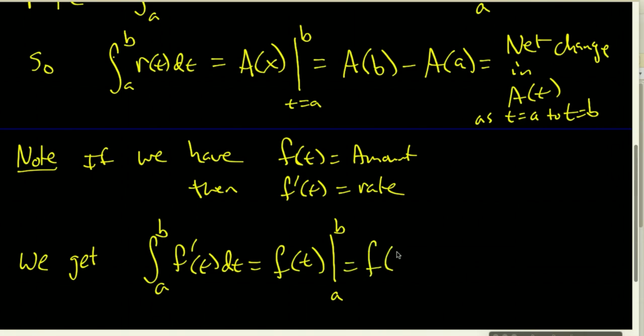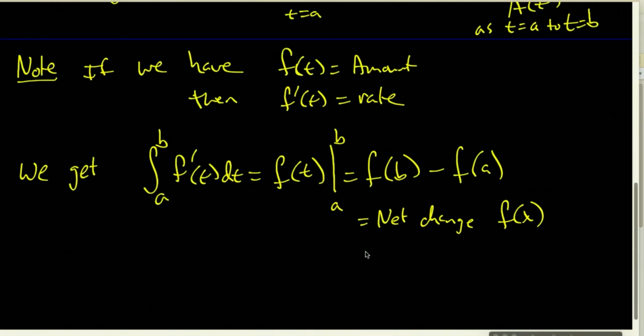This will be f of b minus f of a, and this is the net change in the amount function f of t as t goes from t equals a to t equals b.